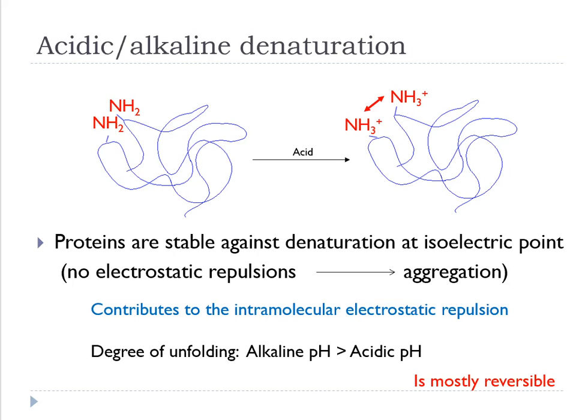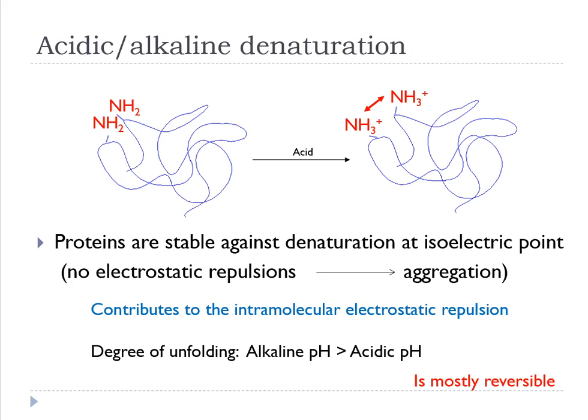Another denaturing agent is the pH. When you change the pH, you are going to change the protonation state of the side chains, such as amino groups. Proteins are stable against denaturation at their isoelectric point. When we change the pH, the net charge of the protein changes.